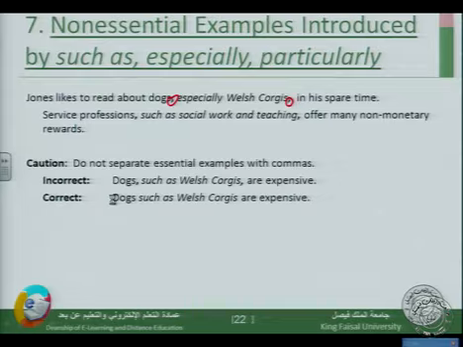Notice where we put especially: between two commas. Another example: "service professions, such as social work and teaching,". Any examples we use with such as, especially, particularly, we put between two commas. These examples help you understand the uses of the commas. I'm not talking now about theories; I don't want to complicate it, but I want you to understand the uses of the commas, okay?